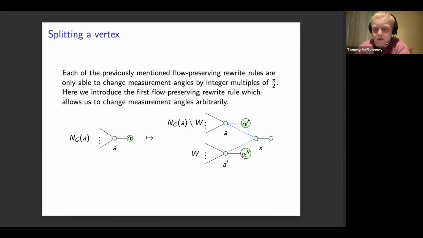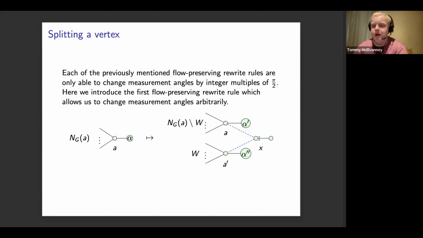And then the key reason this preserves Pauli flow and not G flow is that sometimes we can end up in a situation where X is in A's correction set, but A is also in X's correction set. This is one of the cases that's required, and essentially because X is Pauli measured, we can have X in A prime's correction set and A prime in X's correction set without this violating the rules.